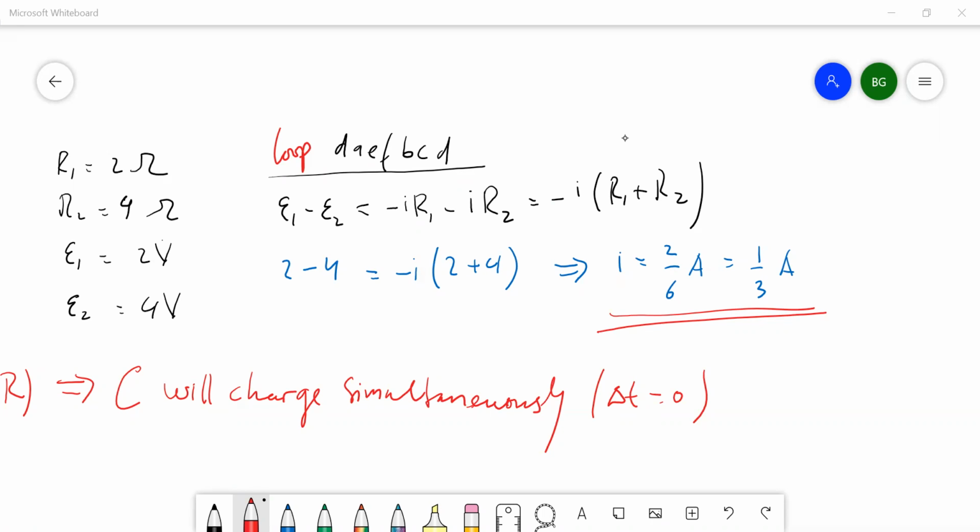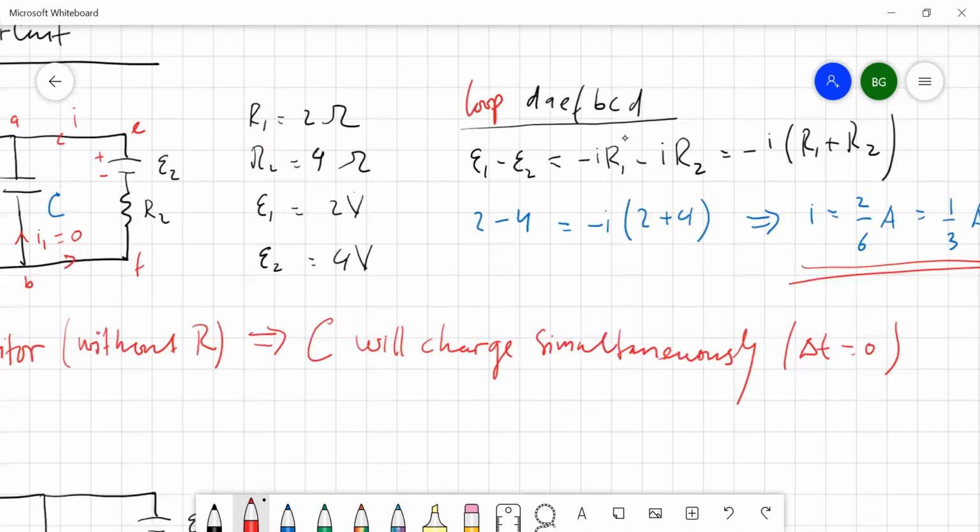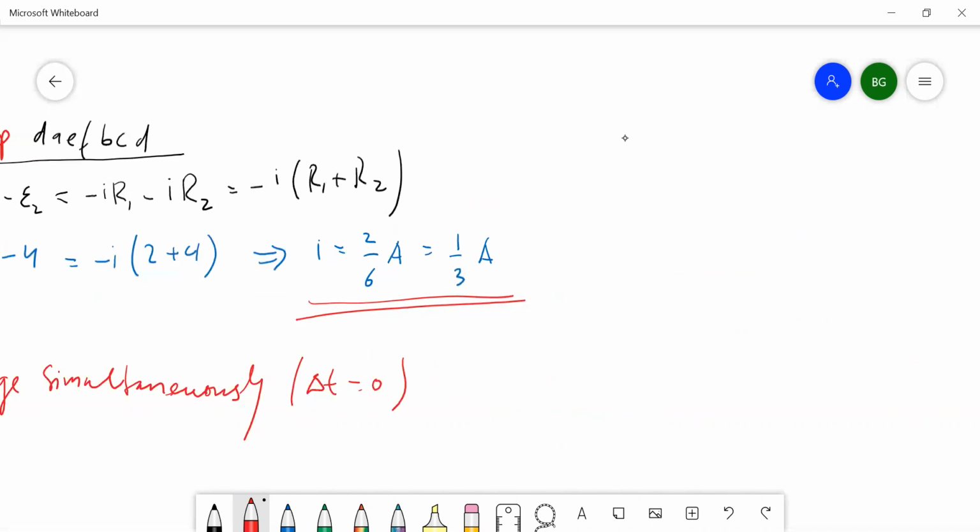And how about the potential difference VAB? What about VAB? VAB equals VA minus VB.